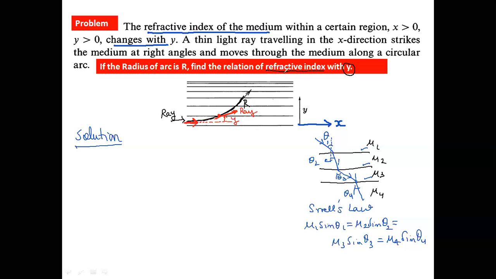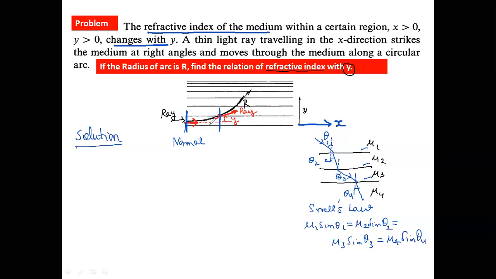If you draw a line along the y axis, that line will act like the normal. Similarly, draw one more line at this point parallel to the y axis, which will be normal to the refracting surface. Sorry, this is not normal to the curve, this is normal in terms of optics, normal to the interface.